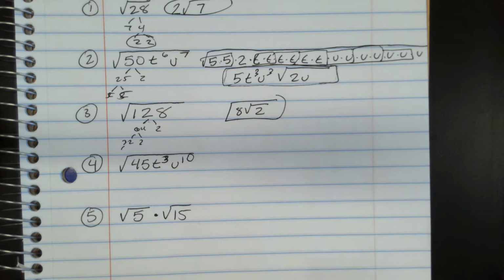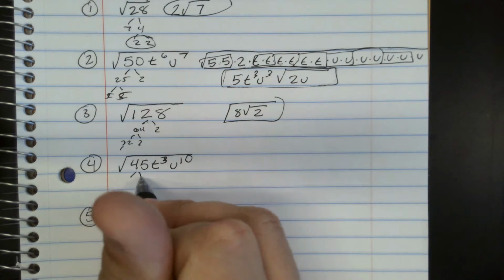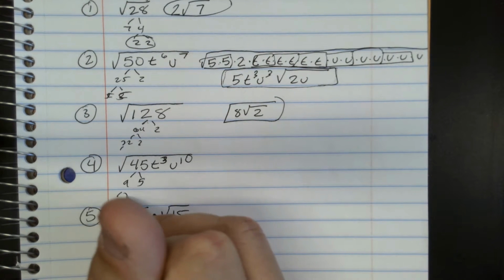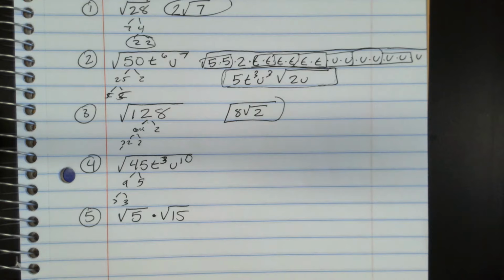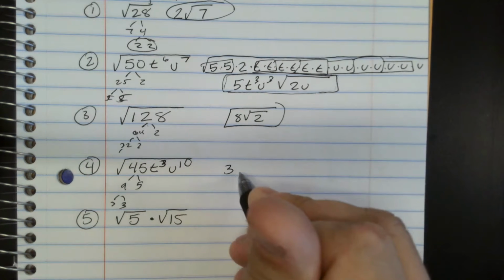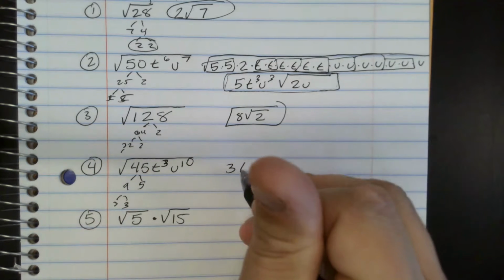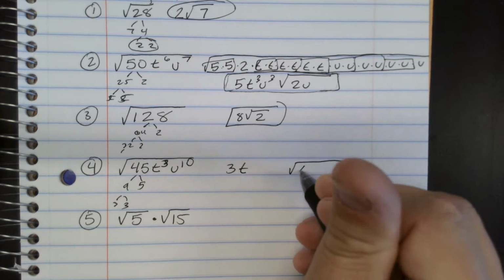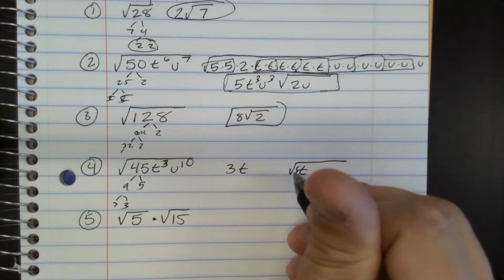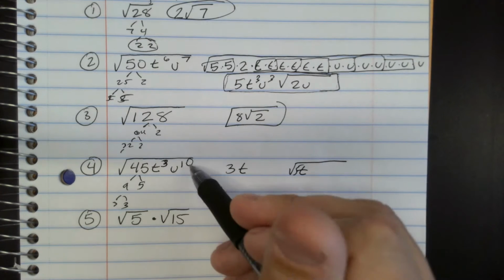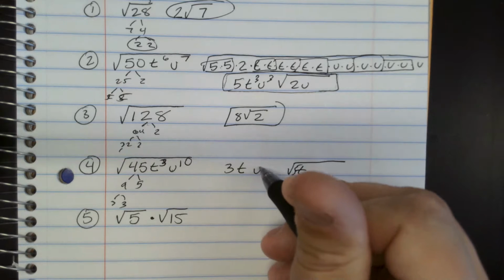Okay. Alright, this one. 9 and 5, 3 and 3. Let's do a little shortcut here. So we know we're going to have a 3 outside. How many times does 2 go into 3? So we know we're going to have a t out and a t under. Well, we're going to have a 5t under. How many times does 2 go into 10? 5.